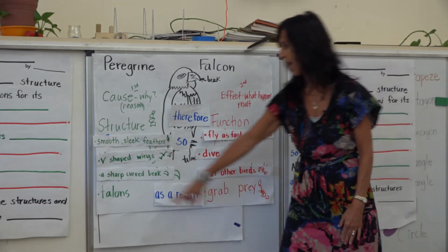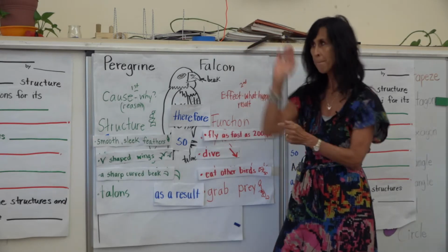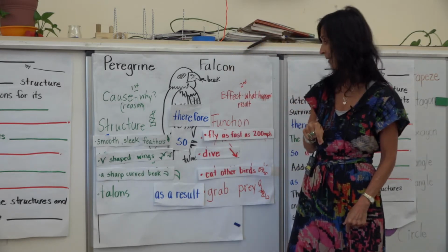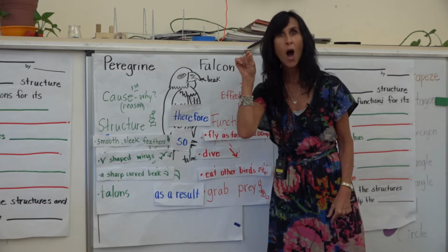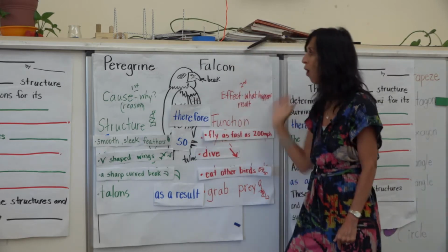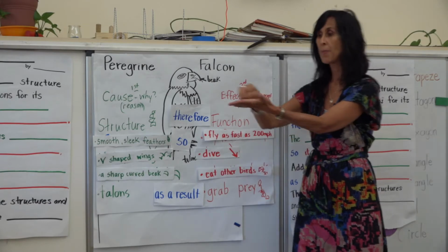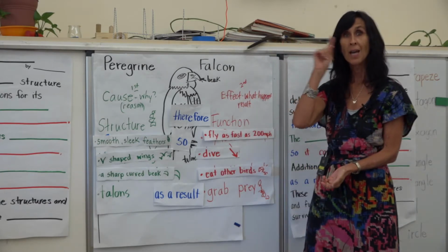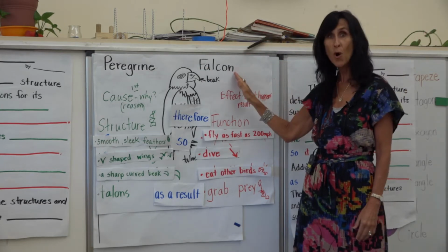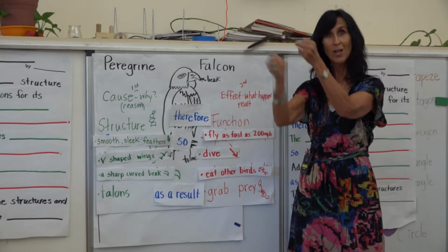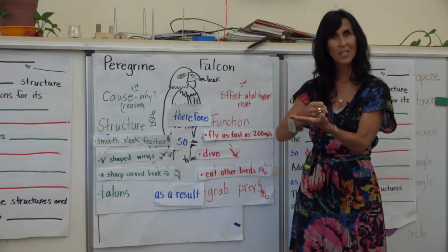It also has a sharp, curved beak. As a result, it can eat other birds. All these are facts about the peregrine falcon. Now watch the video about the vulture and make your own chart with structure, what it has, and function, the job that it does.